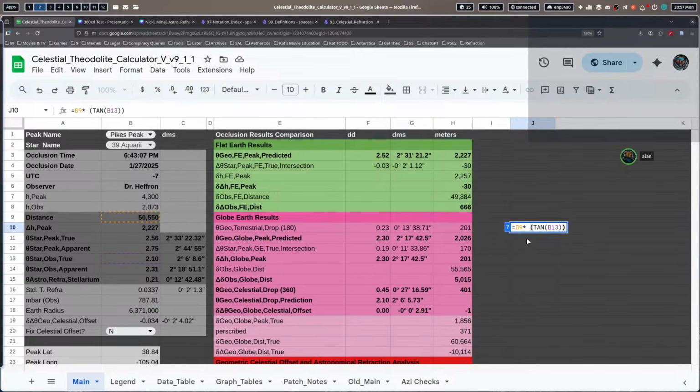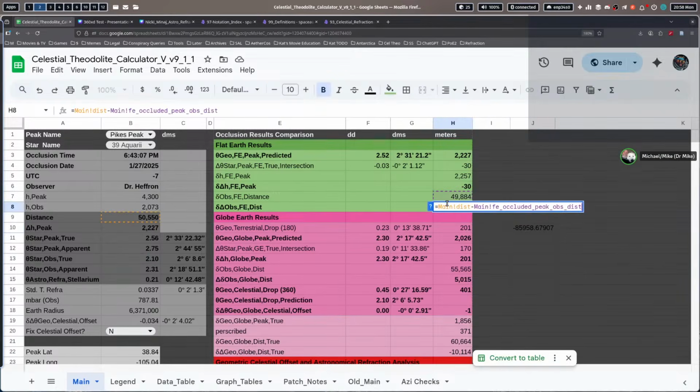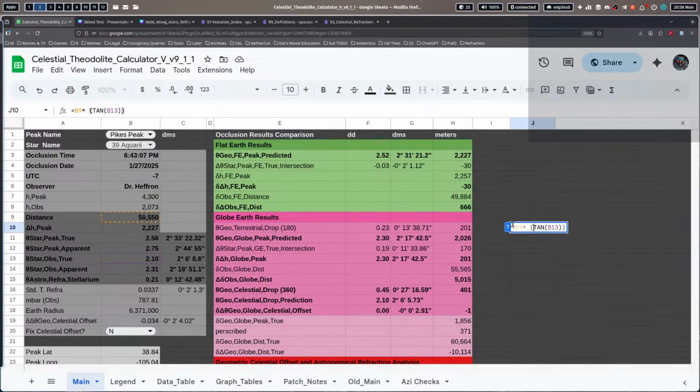The distance times their occlusion angle came out to be 85,958 meters. You need radians in there or degrees. Let me see. I just need to convert it to radians, and it equals degrees or whatever? I forget what it is. I think inside the tan it needs to be the radians, since tan is expecting radians.